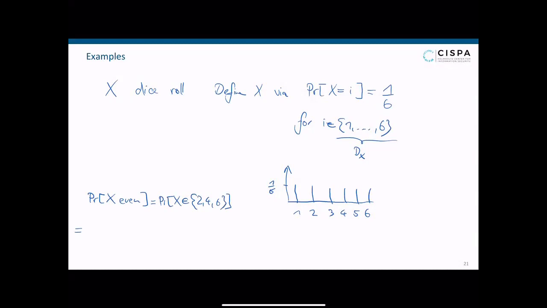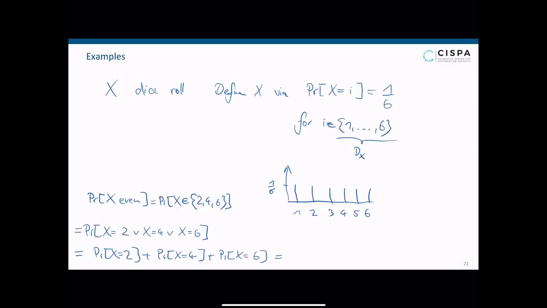But if we expand this, it is the same probability as x equals 2, or x equals 4, or x equals 6. We said that these elementary events for random variables are of course disjoint. Therefore, this is just the probability that x equals 2 plus the probability that x equals 4 plus the probability that x equals 6.